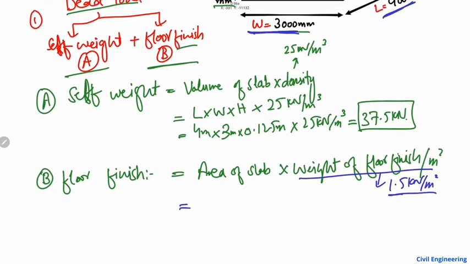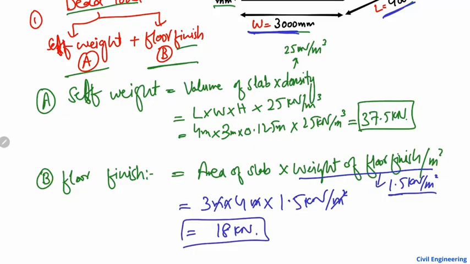So 3 meter multiplied with 4 meter, multiplied with the weight of the floor finish per square meter, which is 1.5 kilonewton per square meter. So here the meter square, the meter will be cancelled. So we'll get only the weight of the floor finish, which comes out to be 18 kilonewton.